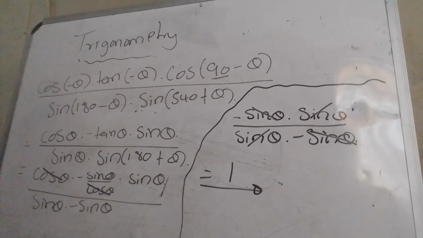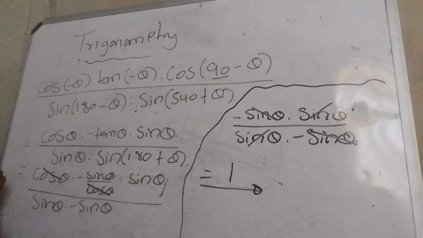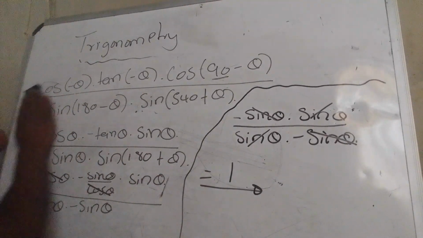Then we move to the next one with a negative angle. This one weighs 7 marks. So once we get to this one, we have 7 marks. Right.